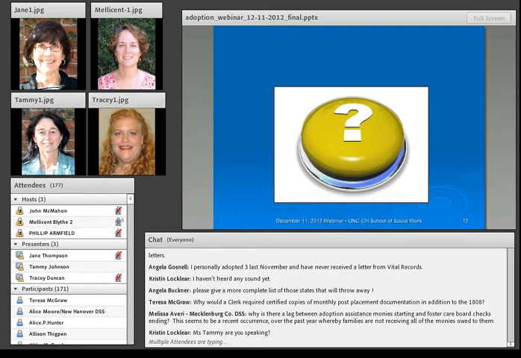Thanks, Tammy. And here's a question. Why would a clerk require certified copies of monthly post-placement documentation in addition to the 1808? That I have no idea.